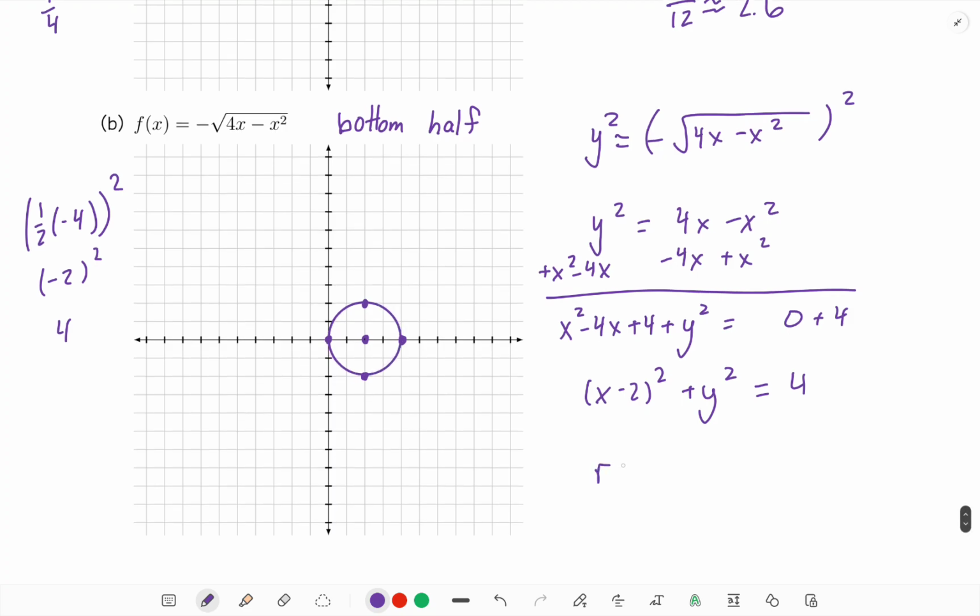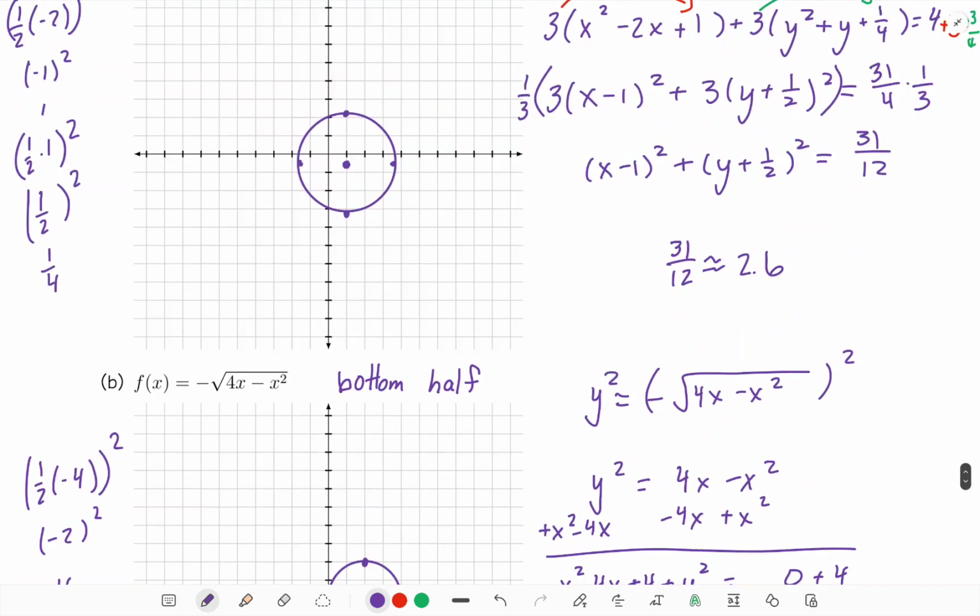So the reason why I said the radius is equal to 2 is because r squared is equal to 4. Well, up here in part A, r squared is equal to 31/12.